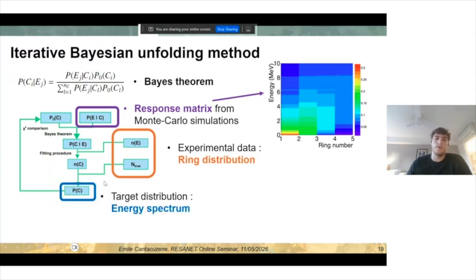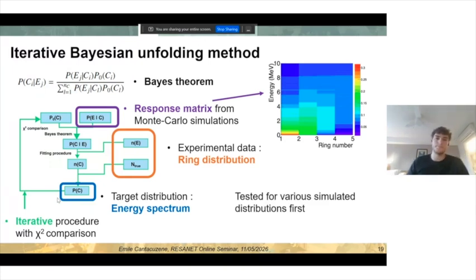Then you can compare this new PC to the old PC, P0C, by a chi-square comparison, and you can input this new PC as P0C and redo the iterative process. Each time you compute the chi-square, and at some point it will be minimized, it will stabilize, and this is where you normally know that the PC you've obtained is the real distribution of causes.